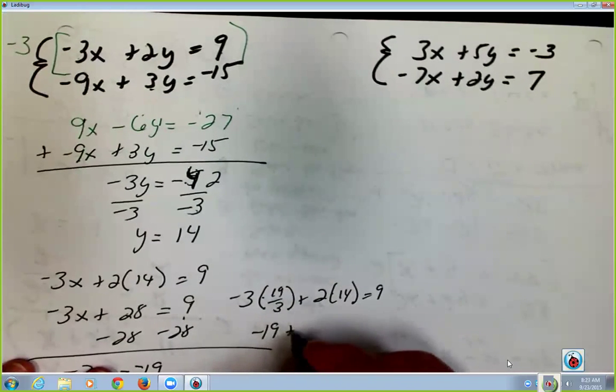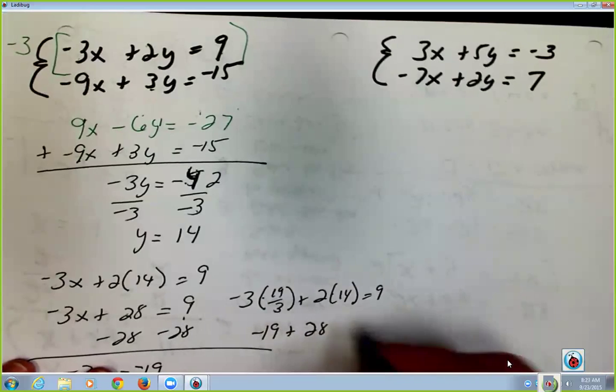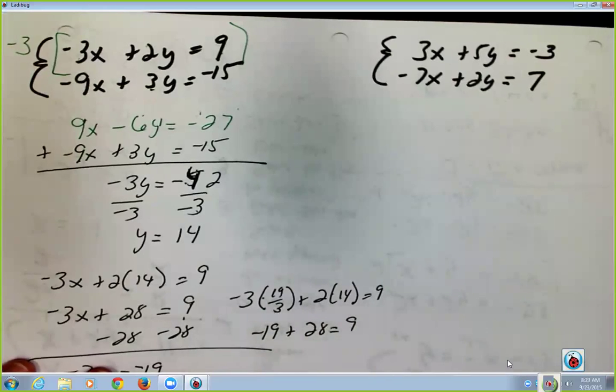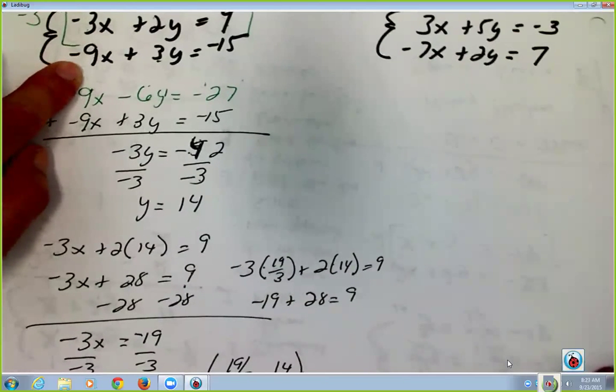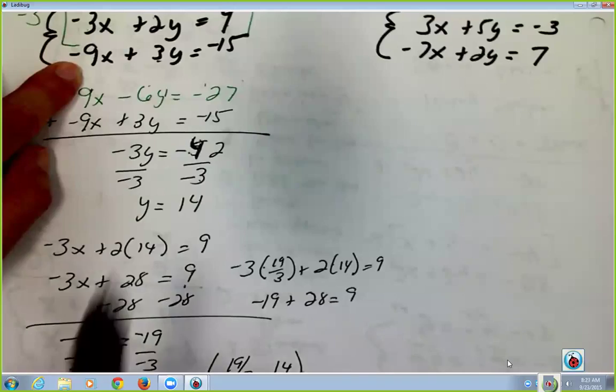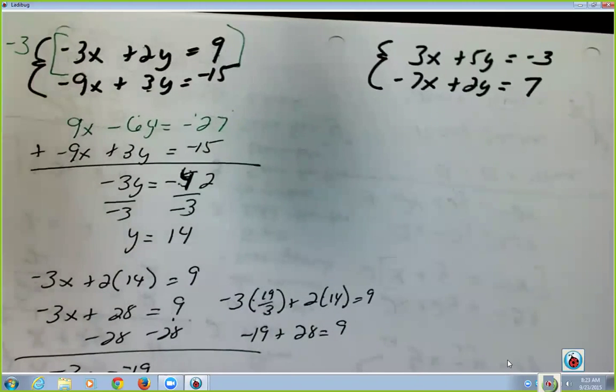This means negative 19 plus 28, and that equals 9 because that's the one we just used. If I plug it into this one, is it going to give me my answer? Does it? Okay, because the 9 and the 3 will cancel, so I'm going to have negative 3 times 19, and then 3 times 14, and when we subtract those, we should get negative 15 if it works out okay. All right?